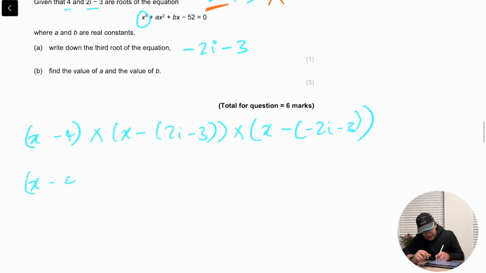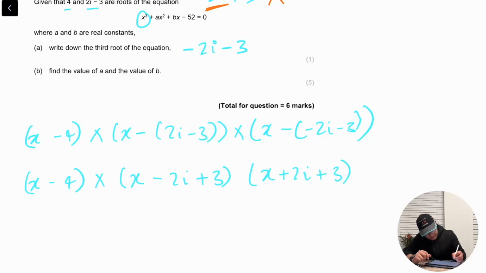So let me expand out the imaginary things first. So it's x minus 4 times x minus 2i plus 3 and x plus 2i plus 3, right?